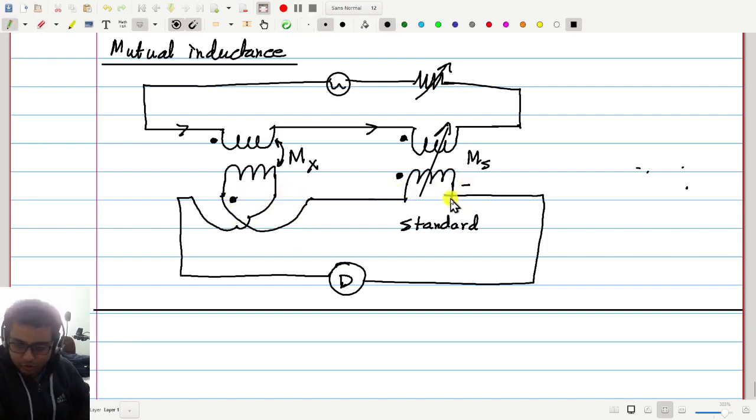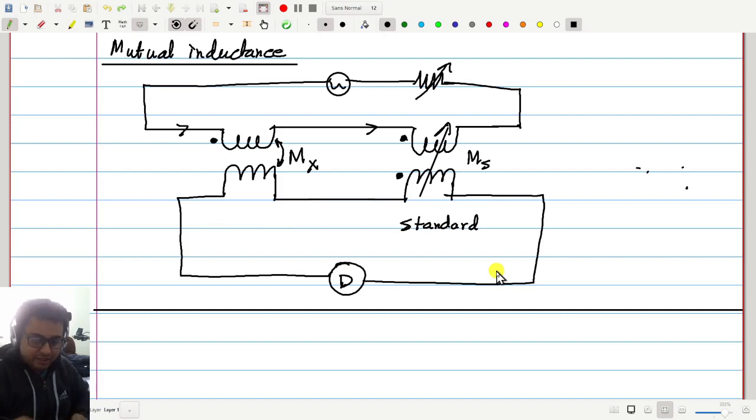Okay, so voltage suppose increasing, from non-dot to dot it's increasing, and then dot to non-dot it's decreasing, so they will cancel. Fine. But if I had got balance in the previous connection, then here will be the dot. Okay, so let me stop here at this point today.